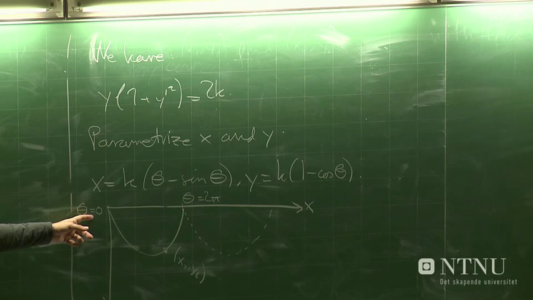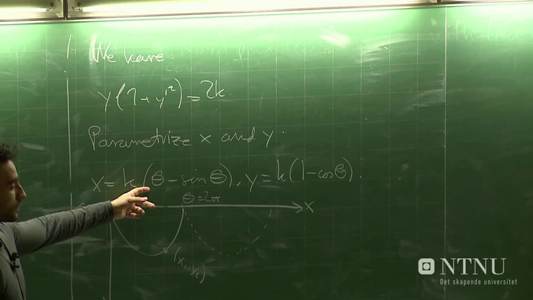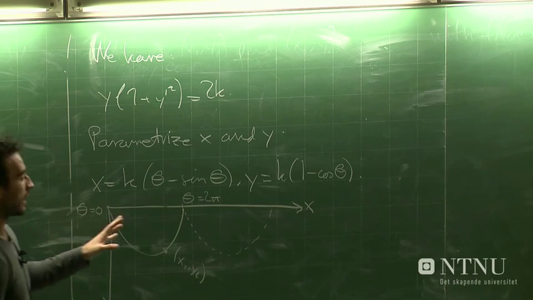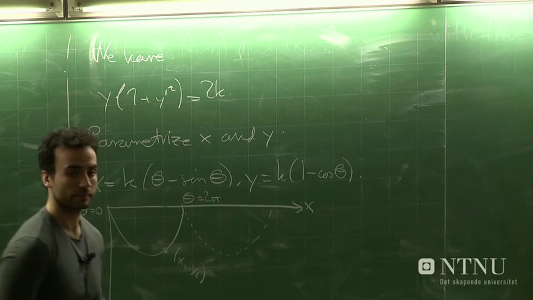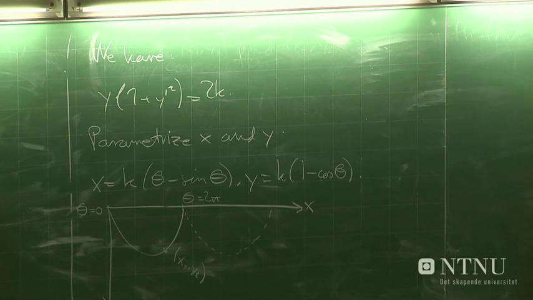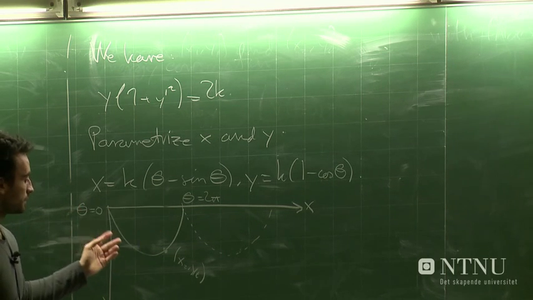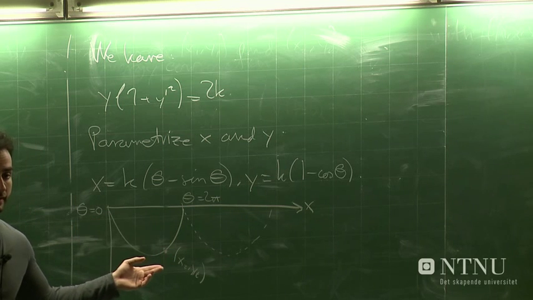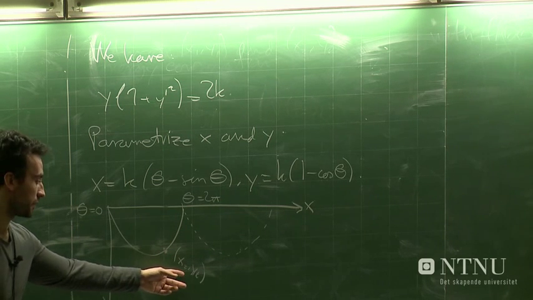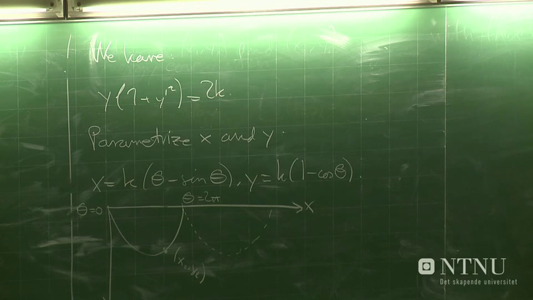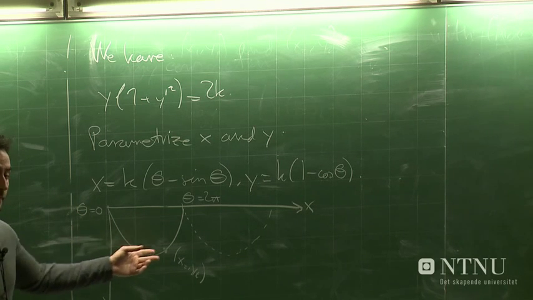You see that if we start out at 0, then x is 0, starting at point 1, and y is also 0. It's starting off in the origin of the coordinate plane. Then as you increase theta, it will take this parabolic-like curve down to the second point. So you see that the path that the particle takes to get the minimum time in order to travel between 1 and 2 is actually far from a straight line. It has this form.